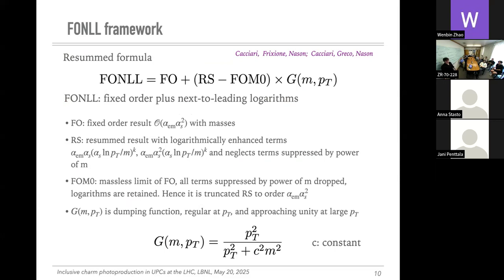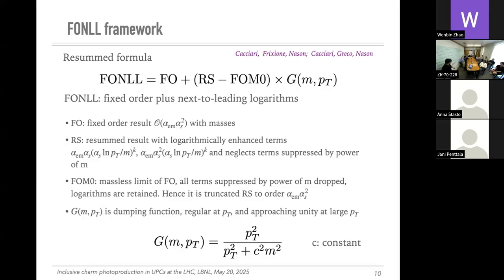So all terms suppressed by powers of m are dropped, but logarithms are retained, so they cancel here. So this is kind of a truncated resummed result. And then there is some damping function, which is regular at small pT, and then it approaches unity at large pT. So this is the FONLL framework.